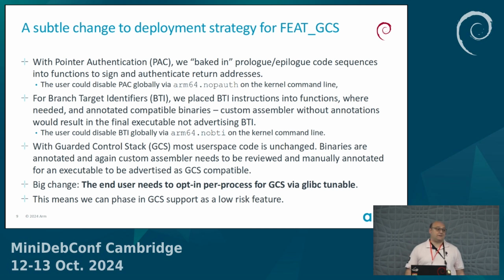So somebody has to actually set an environment variable, a glibc tunable, that says, please use GCS if you can. And the idea behind this is we can enable it reasonably aggressively, but there's no risk to the end user because there's minimal change in code. Pretty much, I'll go through the bits that do change, but it's mainly just binary annotation.